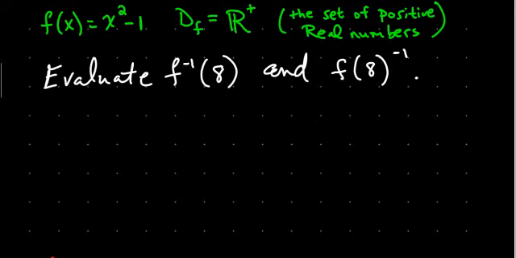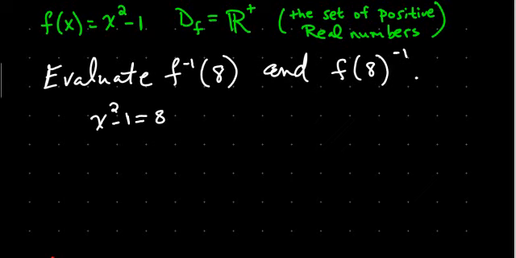Okay, and the first thing we want to do is evaluate f inverse of 8. So let's look at f inverse of 8. That's going to be the x value that gives me an output of 8. So that's going to be x squared plus 1 equals 8.